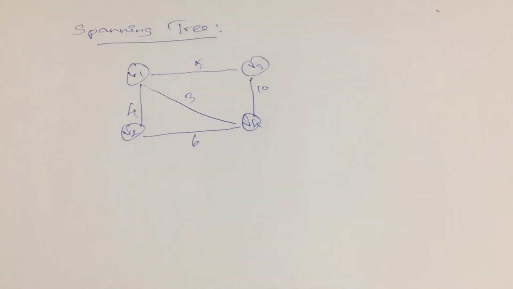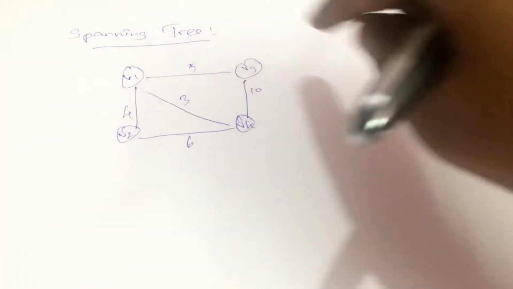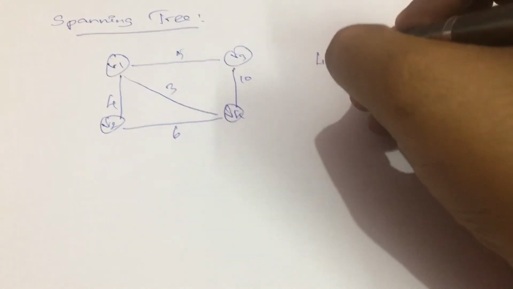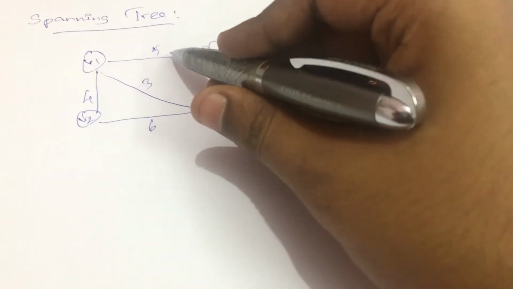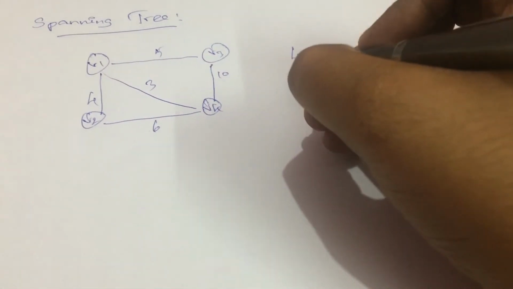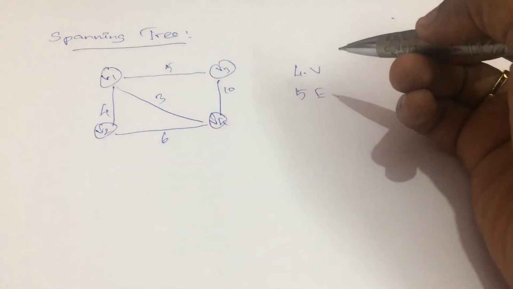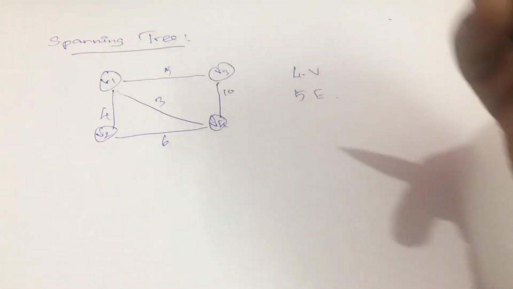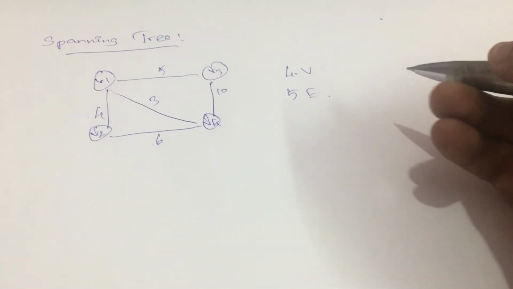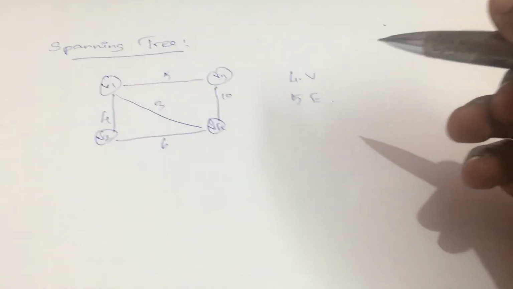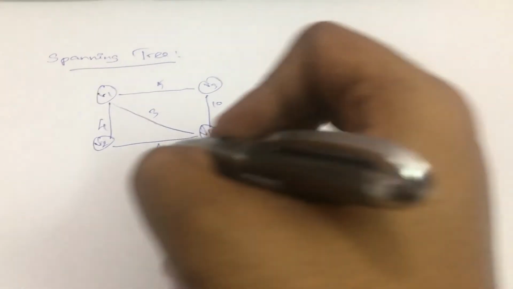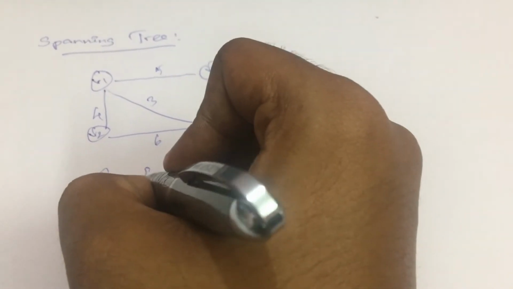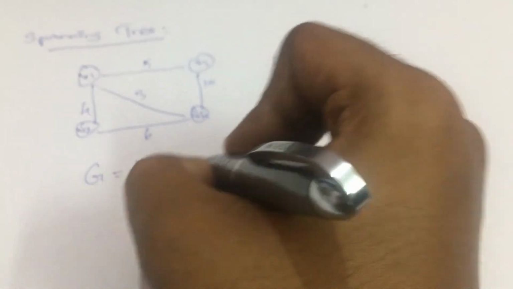So it is a spanning tree, and we have 4 vertices here, and exactly 1, 2, 3, 4 and 5 edges, right? So we have 4 vertices and 5 edges in this graph, and this is an example of a spanning tree. A spanning tree is a combination of an undirected graph G, where it holds V vertices and E edges.